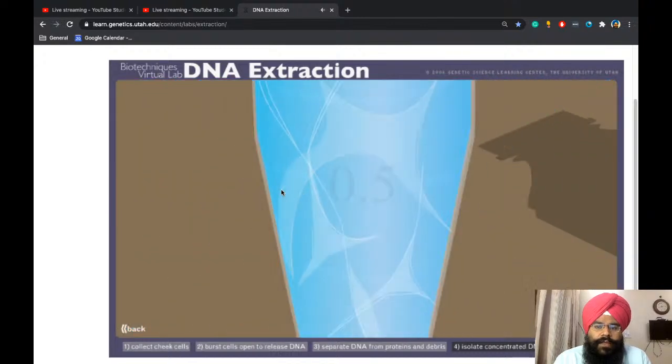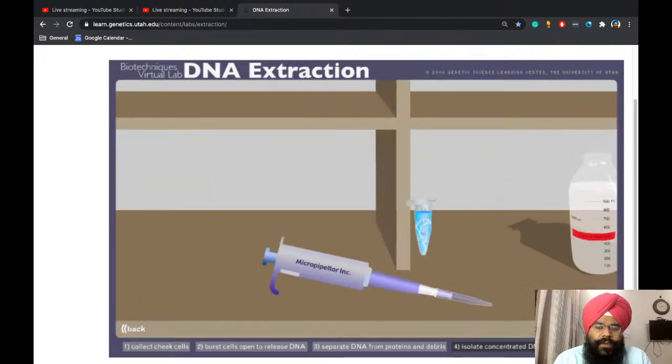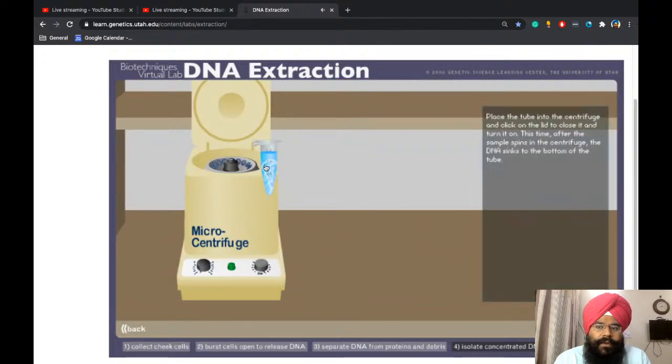In alcohol, DNA does not mix, so it will separate and come out of the solution, and now we can see a clump of DNA with our naked eye. Our DNA came out from that solution, and we can see it very nicely there. So we will centrifuge it again so that the DNA can sink down, and we can keep it for a longer term in the cold.